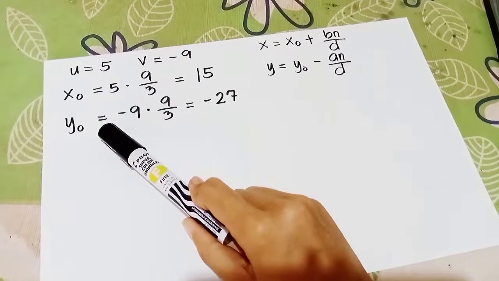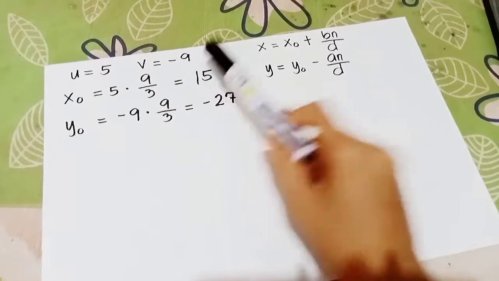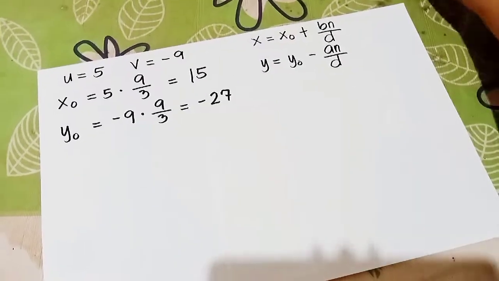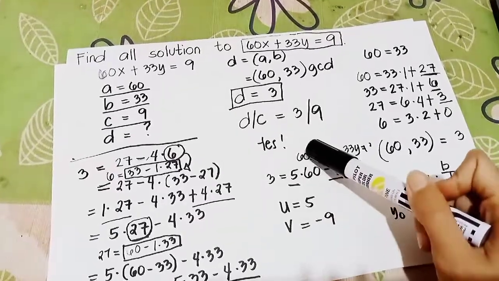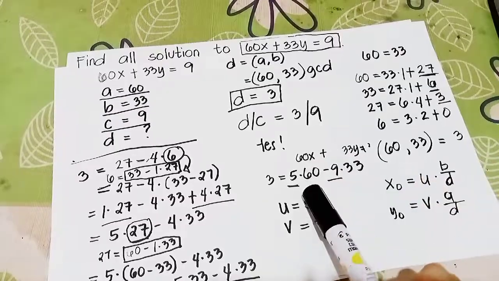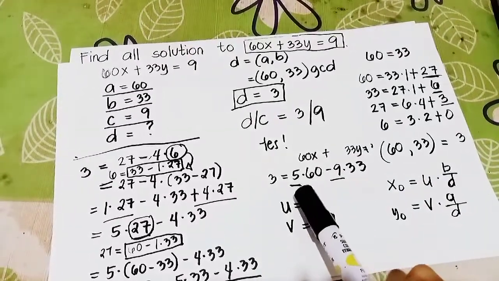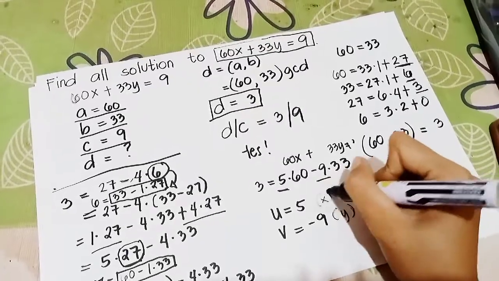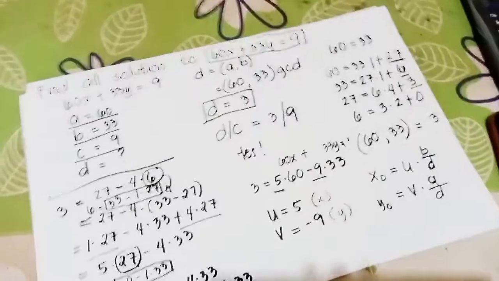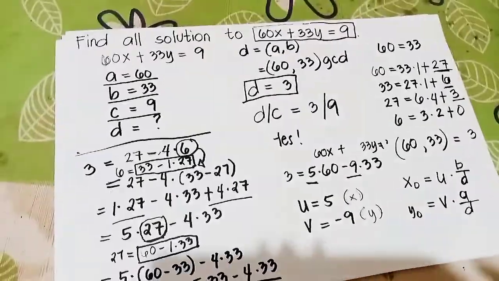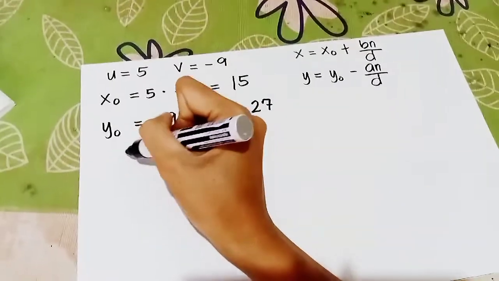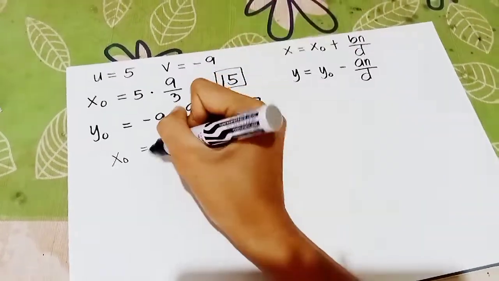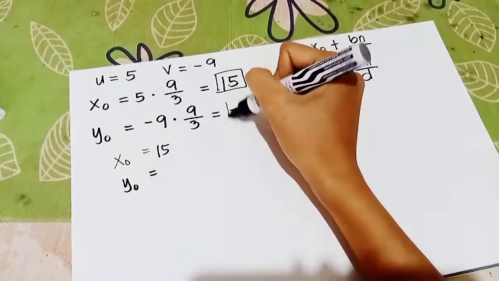And y0 is negative 9 times 3, which is negative 27.